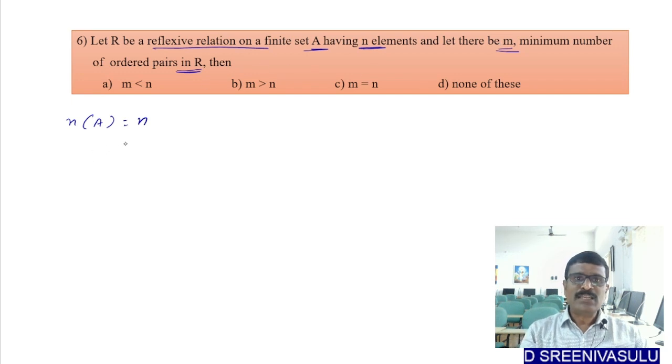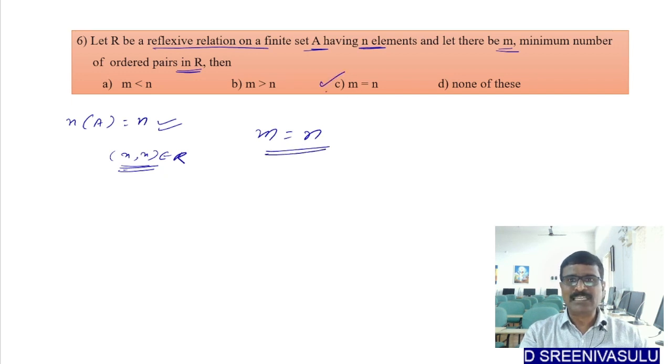We know that reflexive means (x, x) belongs to R. That means if there are n elements in A, no doubt the ordered pairs should be n. The minimum number of ordered pairs should be n. Therefore, m is equal to n. Option C is the correct one.